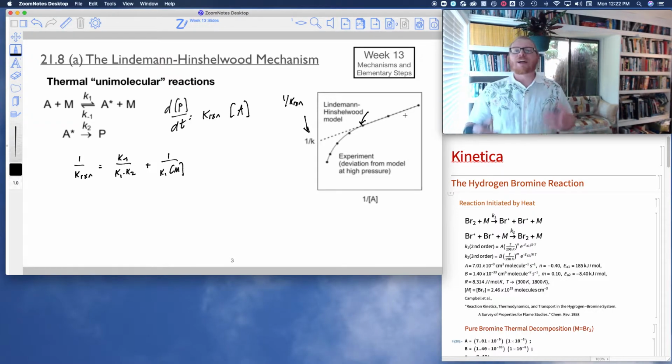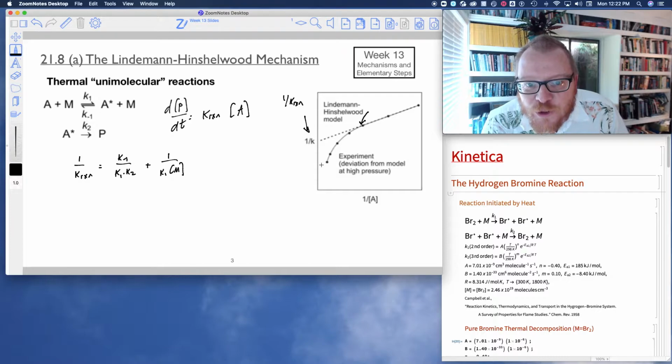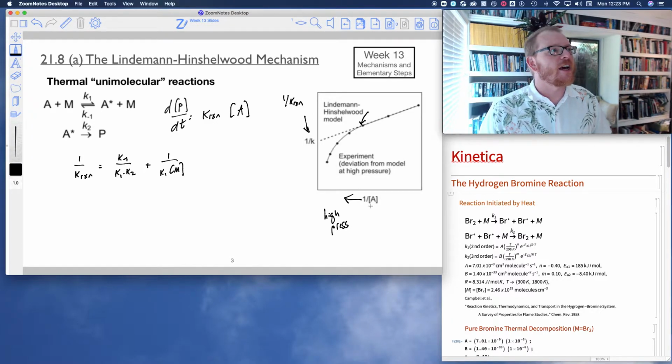However, once you start deviating from the model, you no longer get a straight line, and that will tell you at what point your high pressure limit and your low pressure limit start to kick in. If you think about this now, because it's 1 over concentration, big concentration is a small number.